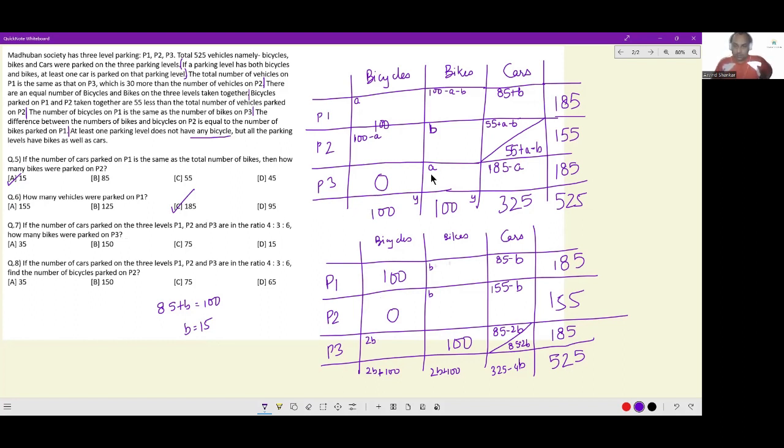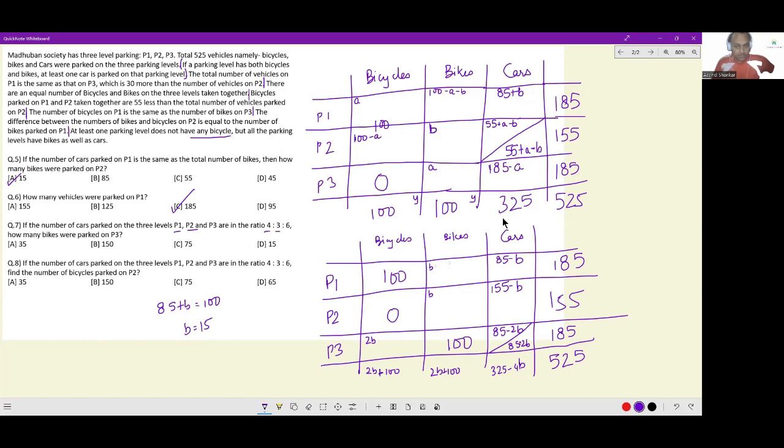So they're essentially asking the value of A. Right now I see in case 2, the number of cars parked on P1 and P2 is in the ratio 4:3. But in case 2, the first number will be smaller than the second number. 85 minus B always will be lesser than 155 minus B. So it is not the second case being talked of. It is the first case being talked of.